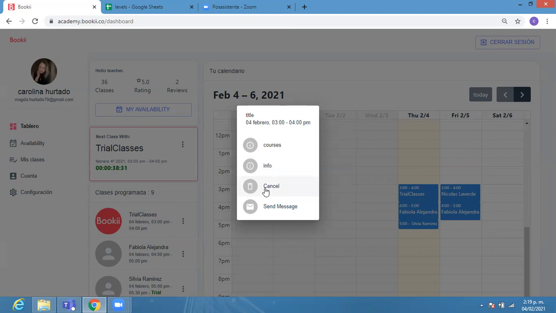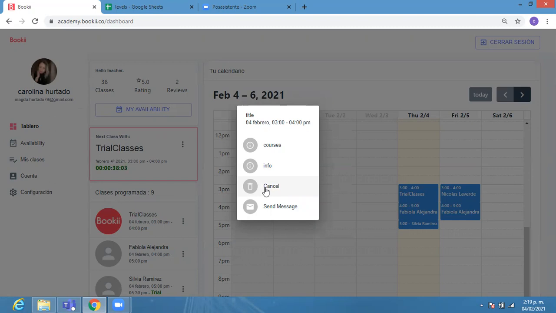Let also students know our cancellation policy. We ask for 10 hours in advance to give a cancellation notice. I mean, students should tell us they cancel a class 10 hours before the class is going to be held, but they have 8 hours to book a class.